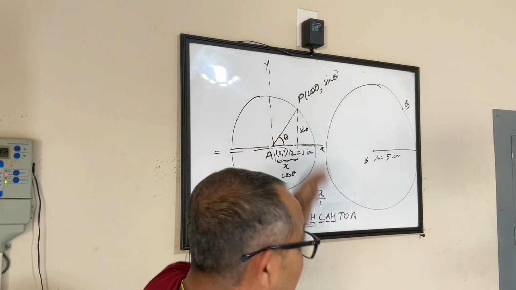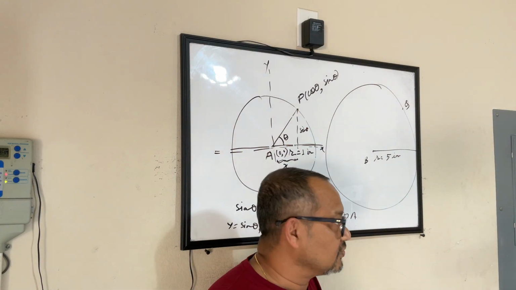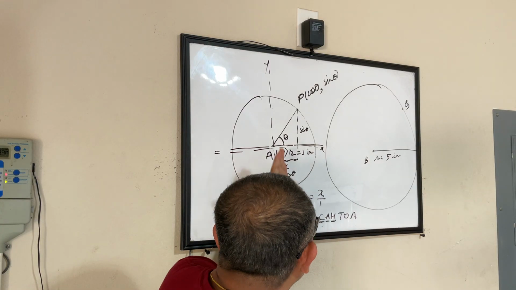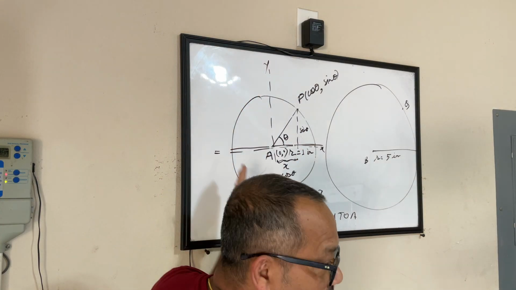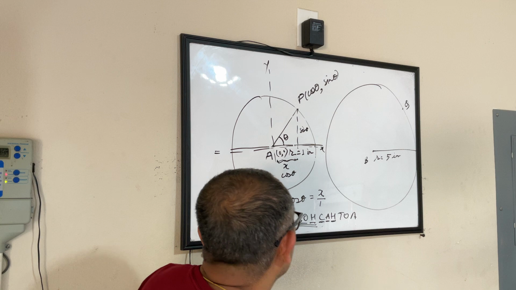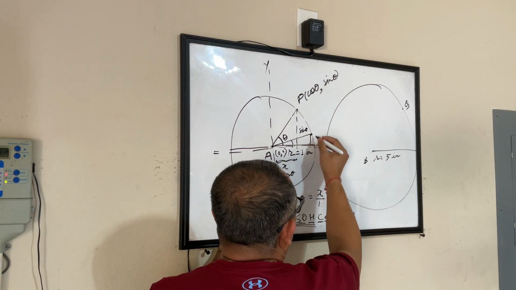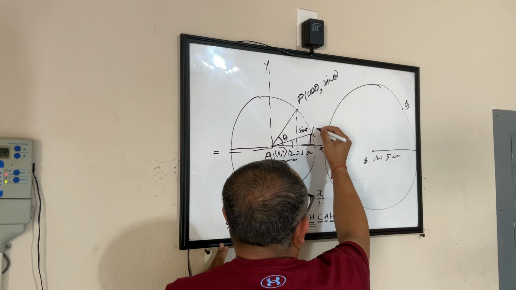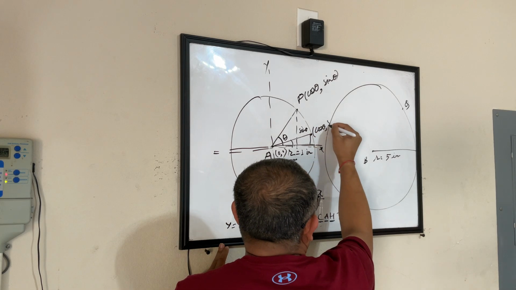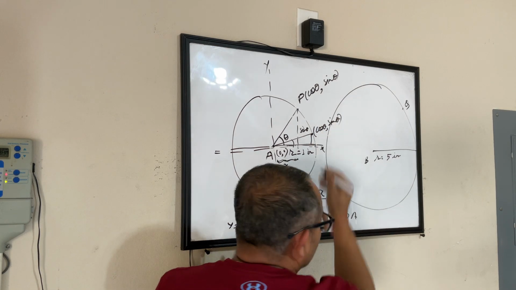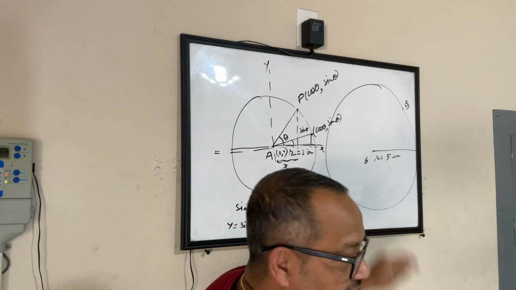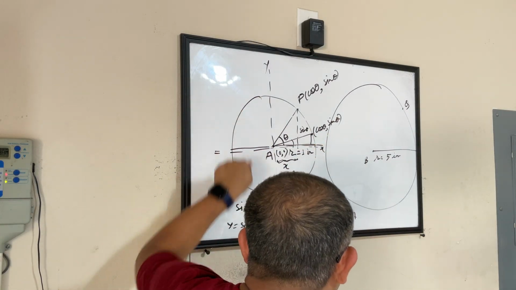So the unit circle tells you that any point on the unit circle you pick up, if this is theta, the x and y coordinates will be cos theta comma sin theta. Depending on the value of theta, you will find out the x and y coordinate of any point on the perimeter.